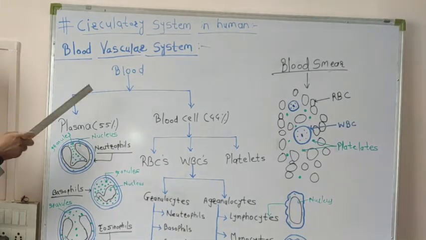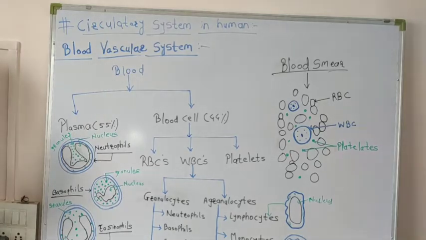and there is blood composition. So this blood is made up of plasma and the blood cells. Basically, in the blood, plasma is present about 55% and blood cells are present about 44%.